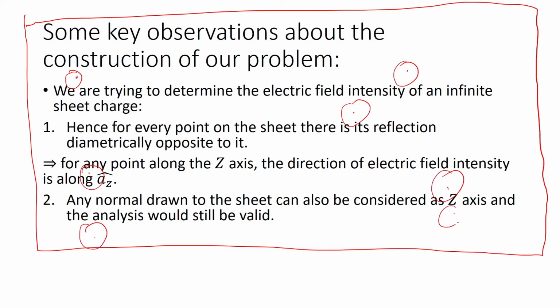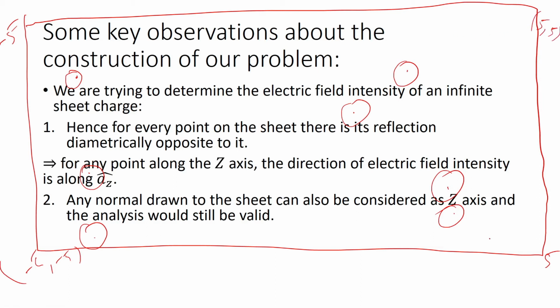Assume that the limits are from -5 to +5 everywhere. So this is -5 comma -5, and this is 5 comma 5.